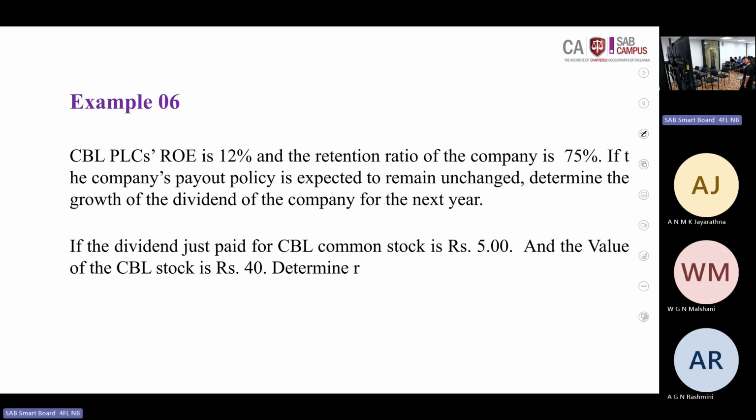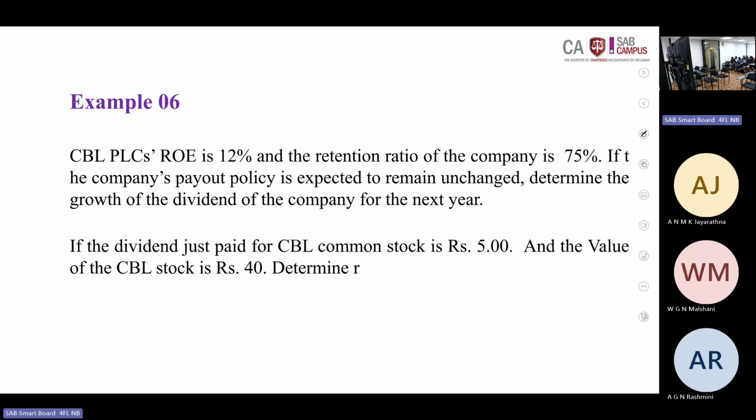How can we calculate growth rate? ROE is how much? What is the ROE? ROE is 12%, multiplied by retention. How much is retention? 75%. That means 0.12 multiplied by 0.75.